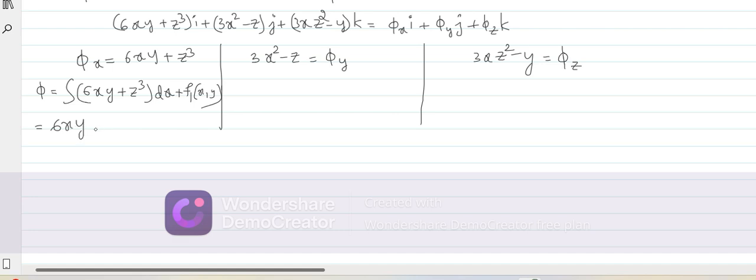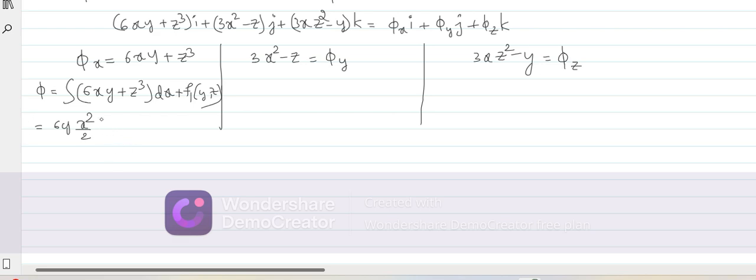Sorry, here we are doing integration with respect to x, so y and z are constant. Sorry for the inconvenience. One more correction is needed here: the integrating constant must be a function of y and z.